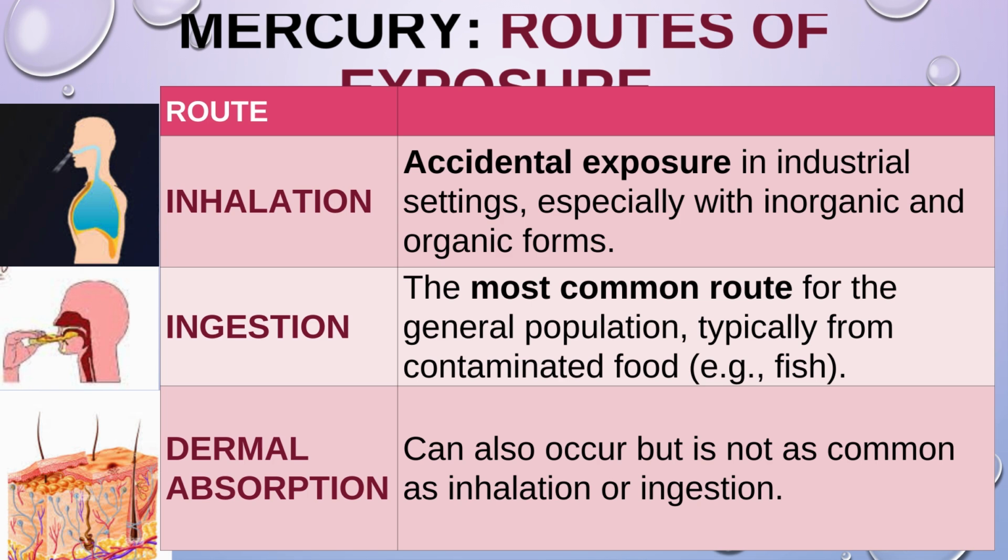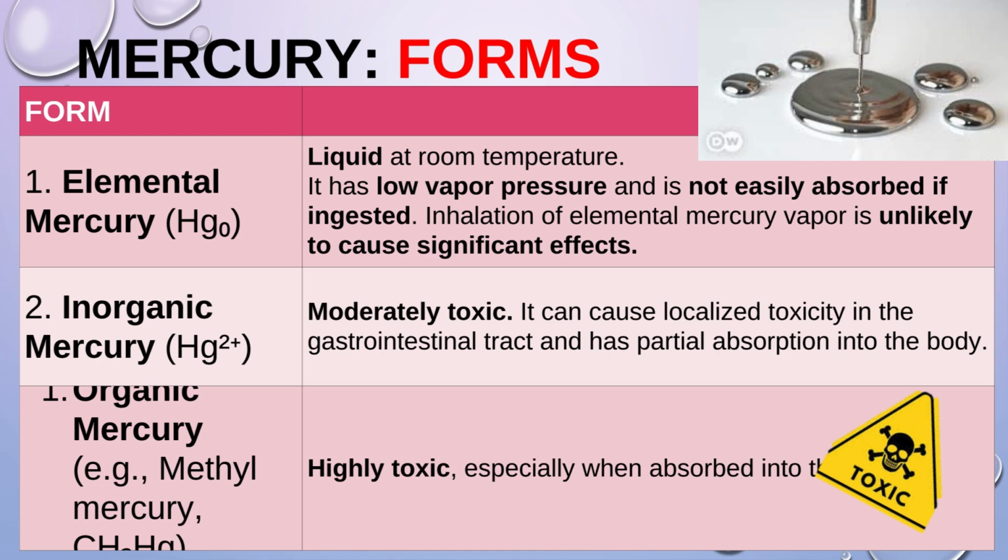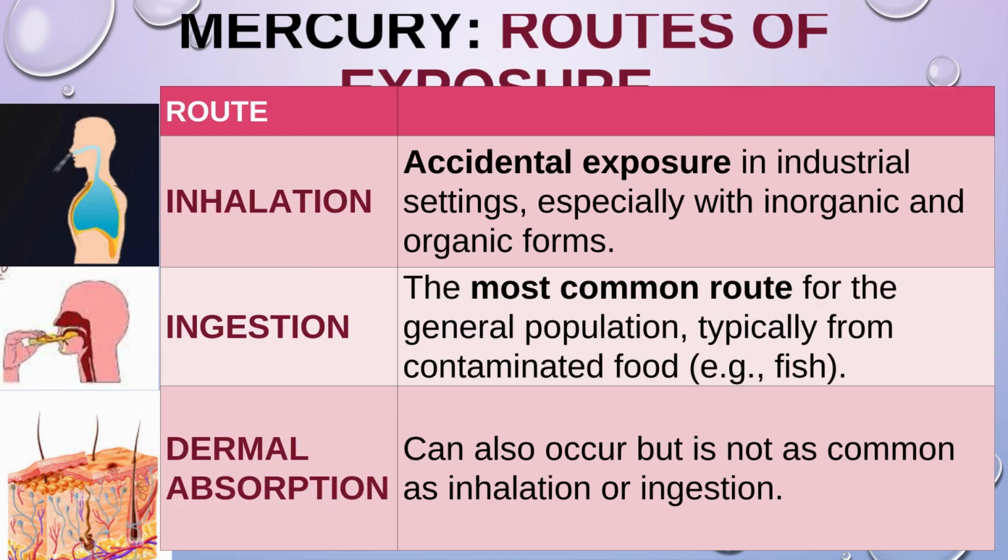For the routes of exposure for mercury, we have inhalation, commonly as an accidental exposure in the industrial setting, especially with the inorganic and organic forms. And remember, these are toxic, moderately toxic, and highly toxic. Ingestion is the most common route, especially since some people love to eat fish, especially salmon.